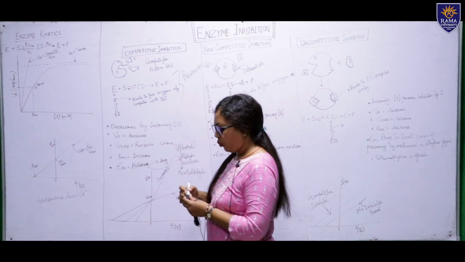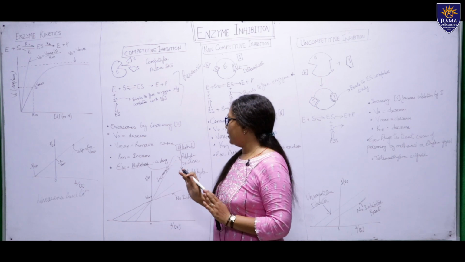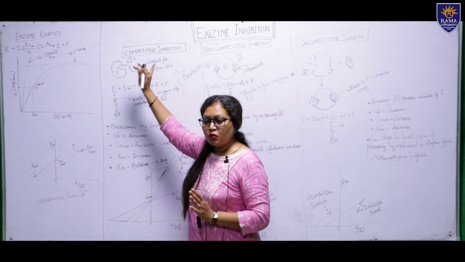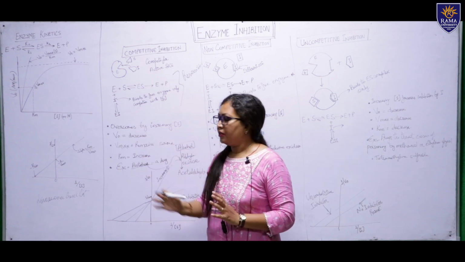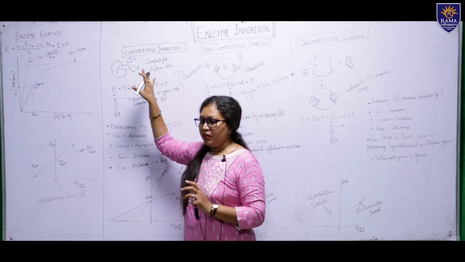This can be called a kind of reversible inhibition. Why is this competitive inhibition reversible? The reason is that since there is a structural resemblance, when we increase the concentration of substrate in the mixture, this inhibition is stopped.